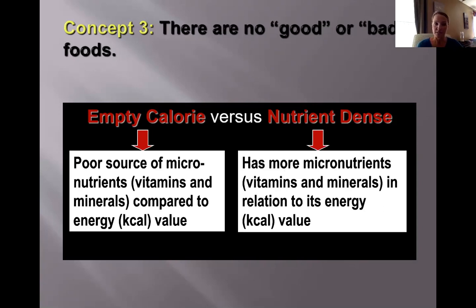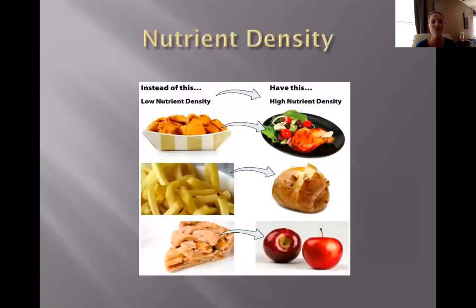A nutrient-dense food has more micronutrients and minerals in relation to its energy value, like milk or an apple or peanut butter. This is a good example of nutrient density. Instead of choosing chicken nuggets, have a piece of chicken with a salad, because then we're getting lots of different vitamins and minerals.